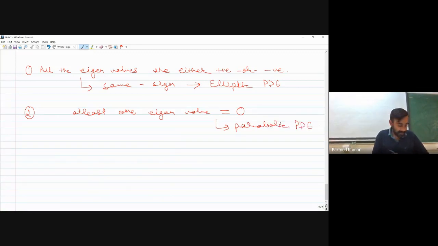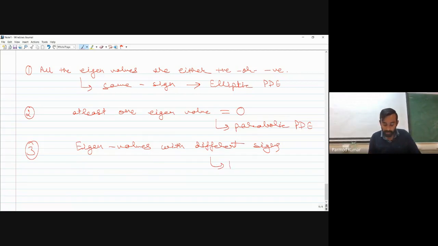And if we have eigenvalues with different signs, then we call our equation a hyperbolic PDE.